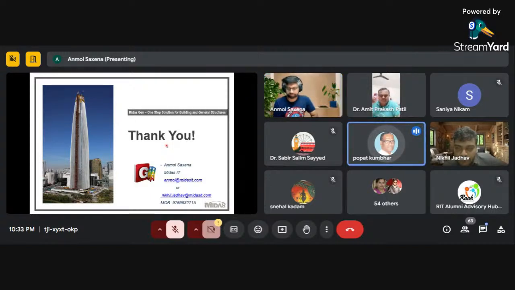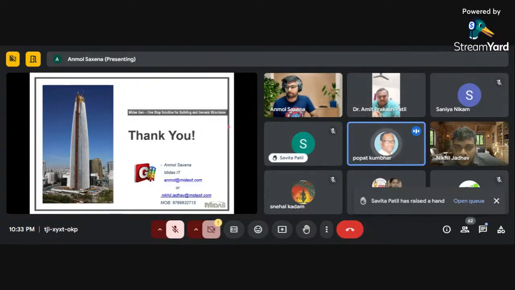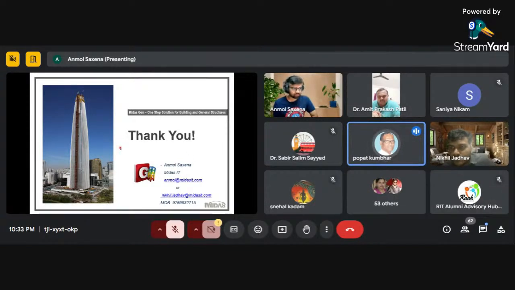And now a little different question from my side. That would be the last question. We have heard a lot about the Burj Khalifa, which was constructed in 2010 or so, and it is an 829-meter high building having 166 floors.